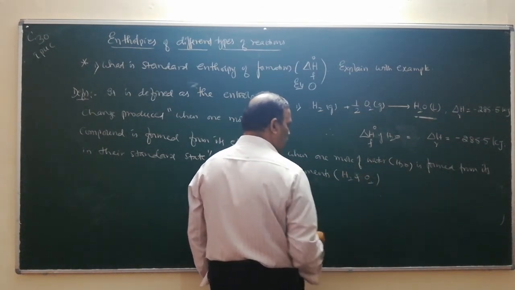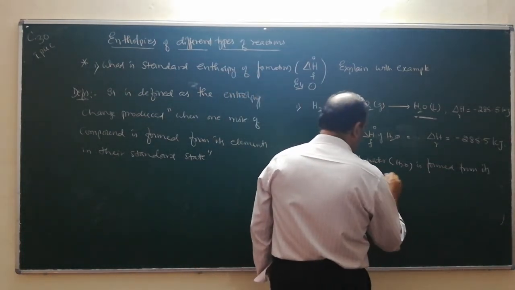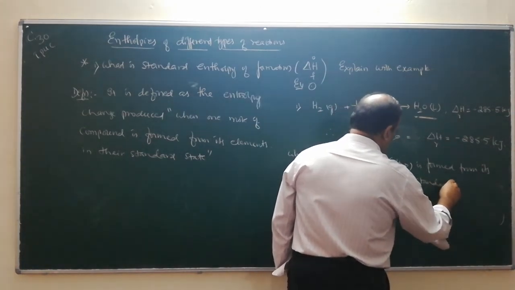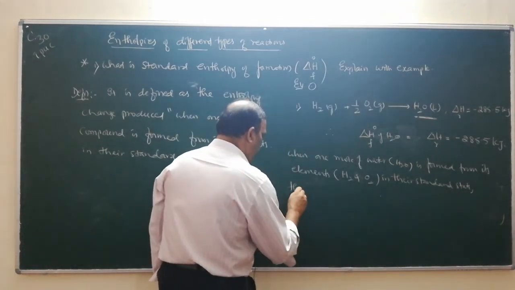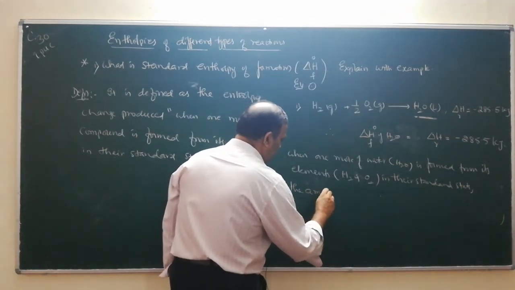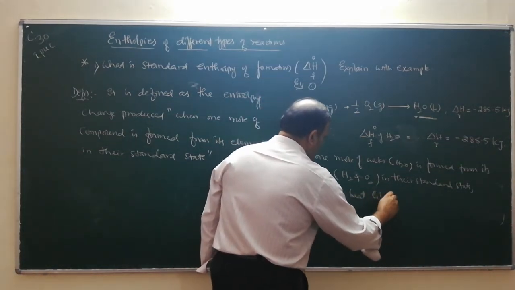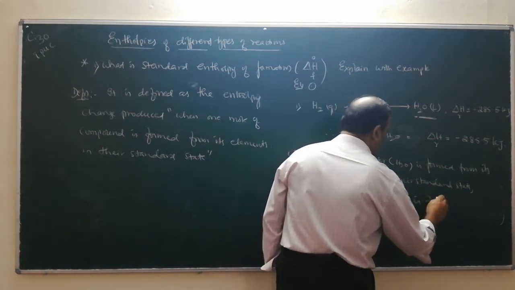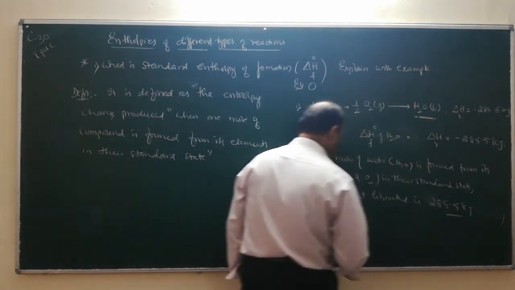Hydrogen and oxygen, in their standard state, the amount of heat liberated is 285.5 kilojoules.